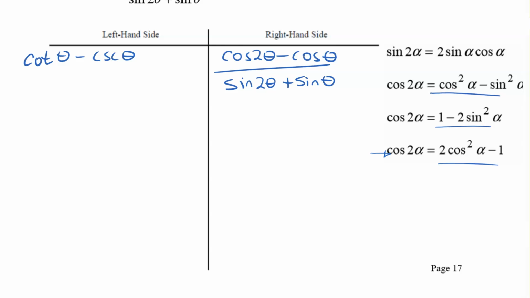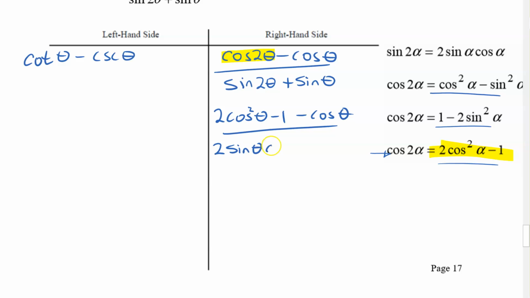So the first thing I'm going to do is substitute this for this over here, making sure that I write theta instead of alpha, of course. So I will get 2 cos squared theta minus 1, and then minus cos theta, all over. Now the sine, I don't have a choice. I'll do 2 sine theta times cos theta plus sine theta.